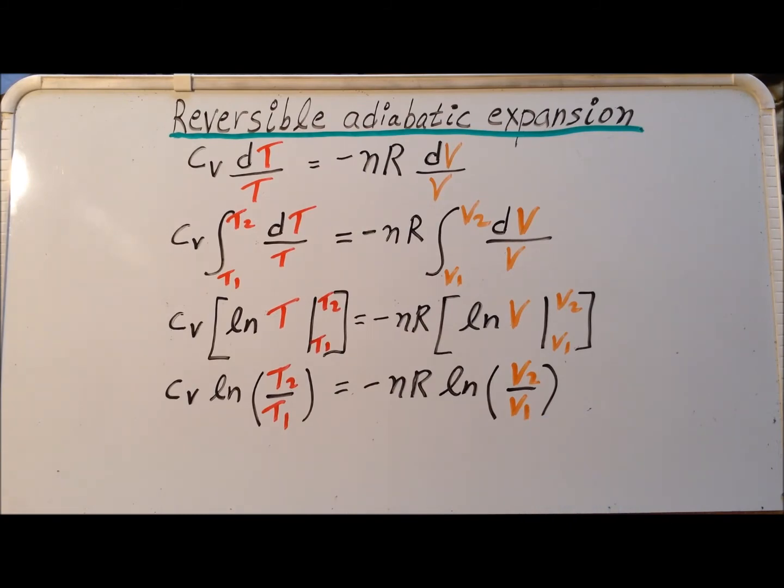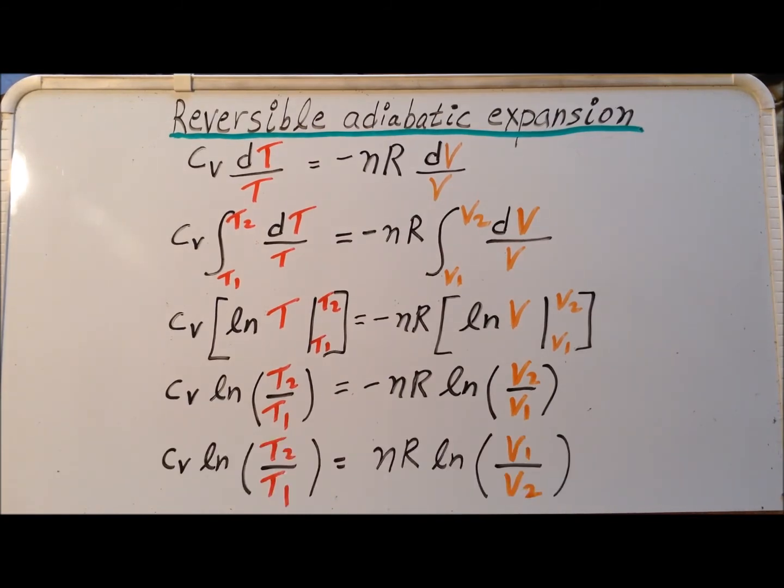In the next step, we're going to use the fact that minus the log of b over a is equal to plus the log of a over b. By flipping the sign here, we flip the fraction inside the logarithm. As a result, the left-hand side stays the same as it was before, but now the right-hand side has no minus sign, so we have nR natural log, and the fraction is now V1 divided by V2.